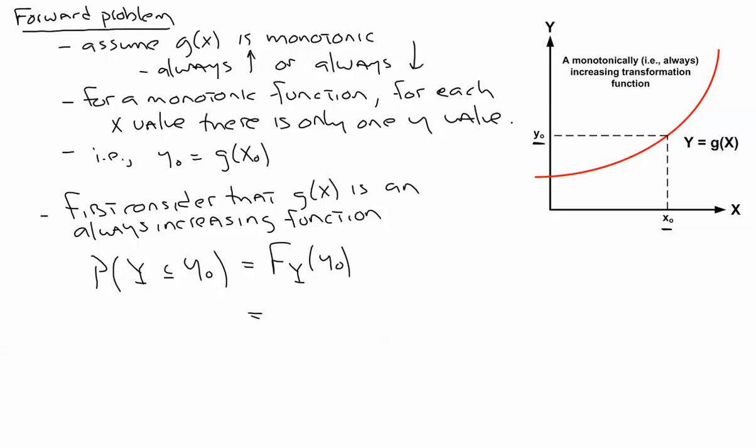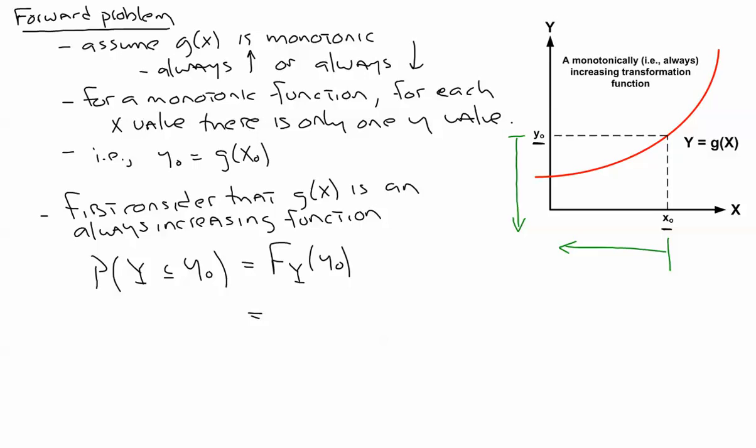Let's see if we can reason this out by looking at my figure. The probability that y is less than y naught. Since I have a monotonically increasing function, I hope you'll agree with me that that is equal to the probability that x is less than or equal to x naught. For values of x less than x naught, I end up with a value of y less than y naught.